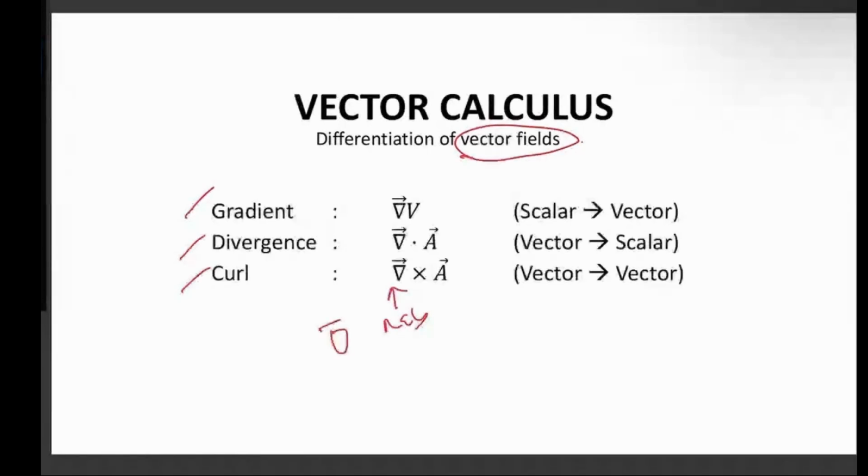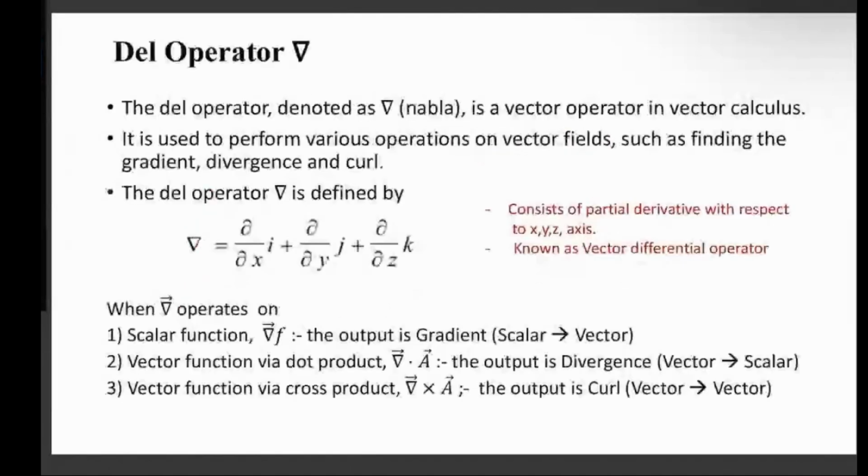The del operator is denoted by a nabla, a triangle flat at the top. It's a vector operator in vector calculus used to perform various operations on vector fields, such as finding the gradient, divergence, and curl.